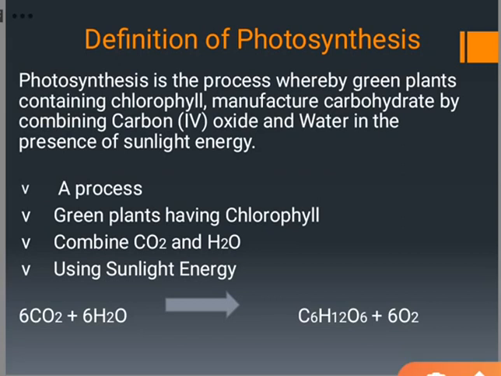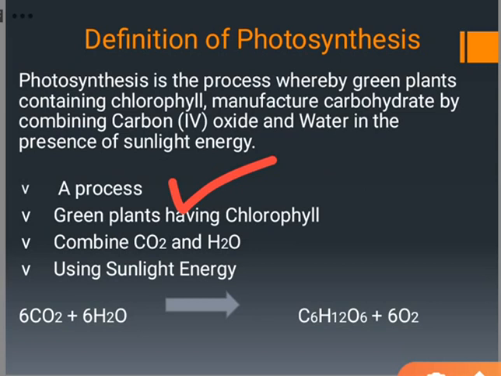is that we should all realize that photosynthesis is a process. The term process means that it's not something that just takes place spontaneously. It is a series of events. That's the meaning of process.